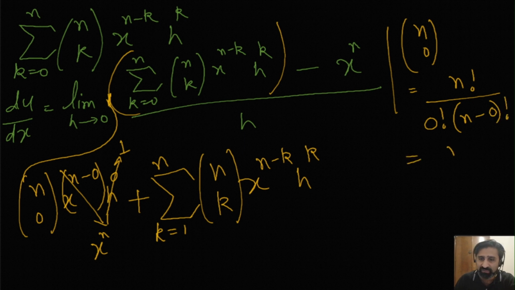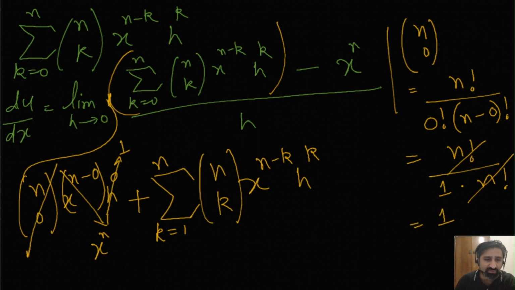So ಇದು n factorial divided by 0 factorial ಅಂದರೆ 1 multiplied by n factorial. n factorial ಹೋಯ್ತು. ಸೊ 1 divided by 1 is just 1.